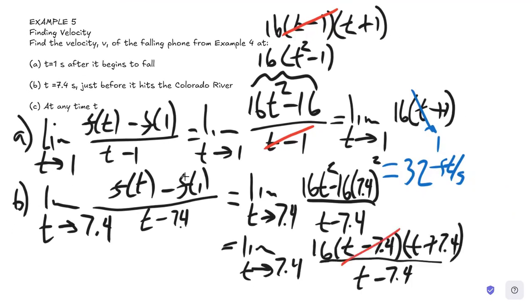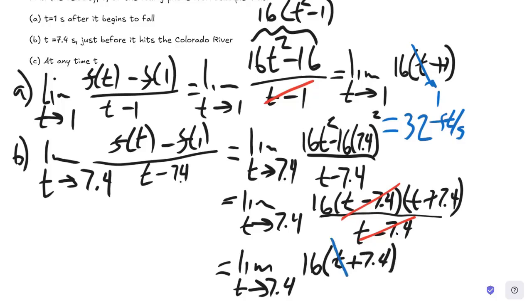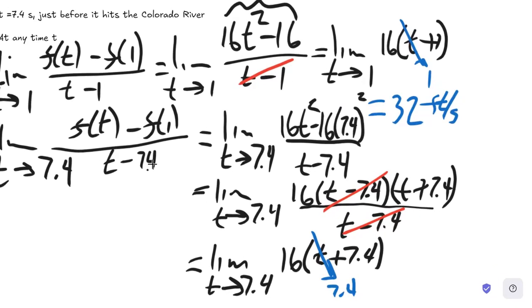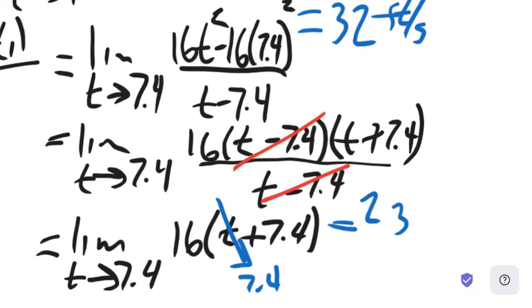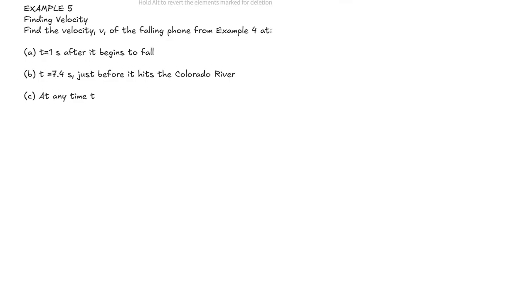Then, of course, the t minus 7.4 would cancel, and this simplifies to 16 times t plus 7.4. If we take the limit as t approaches 7.4, we would have 16 times 14.8, which is going to be 236.8 feet per second.